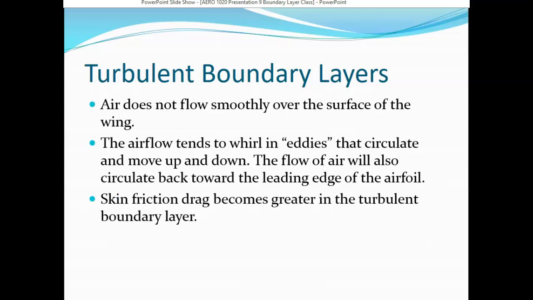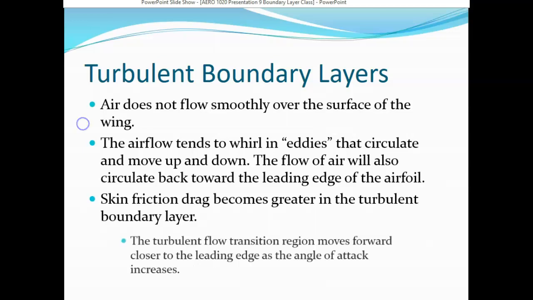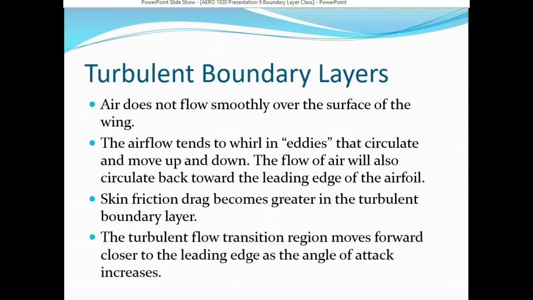Skin friction drag becomes greater in the turbulent boundary layer, and that's an important point to remember. Again, skin friction drag becomes greater in the turbulent boundary layer. And as the angle of attack is increased, the turbulent flow transition region actually moves forward closer to the leading edge of the wing.